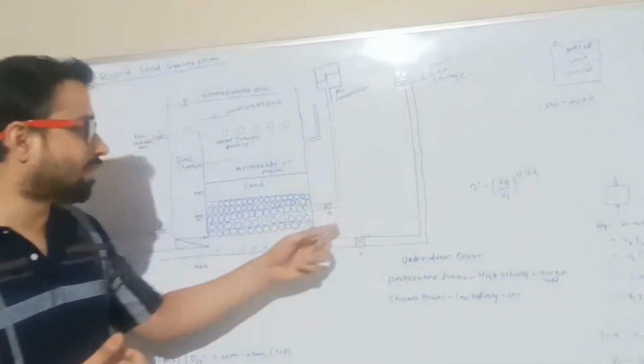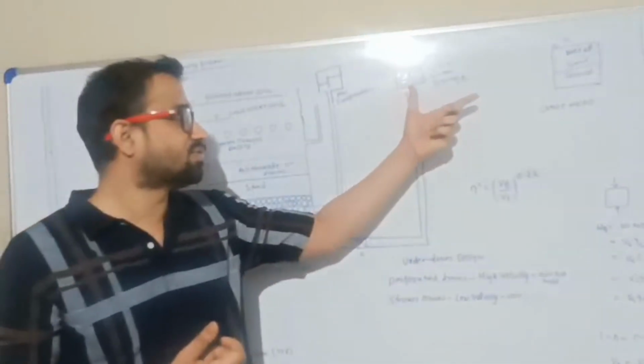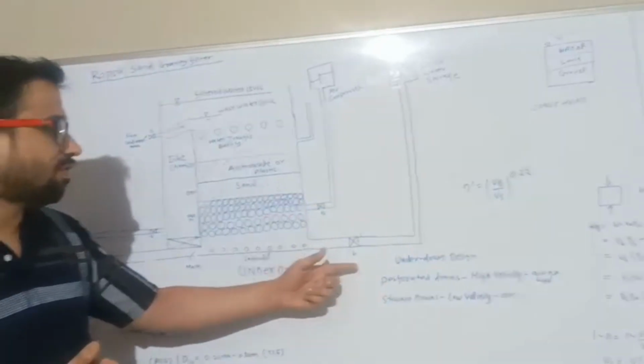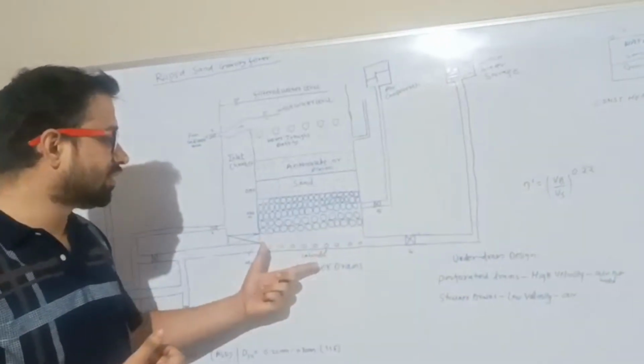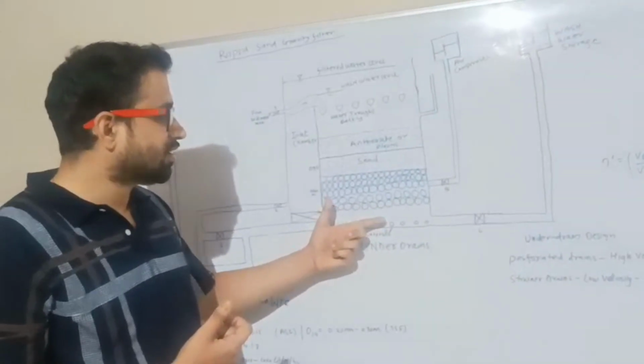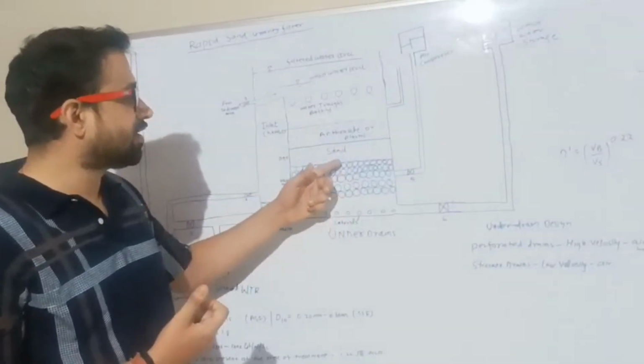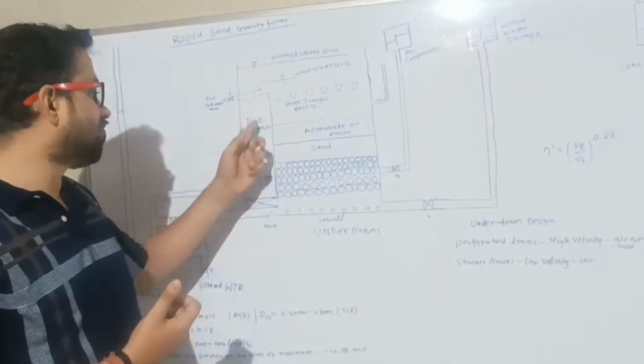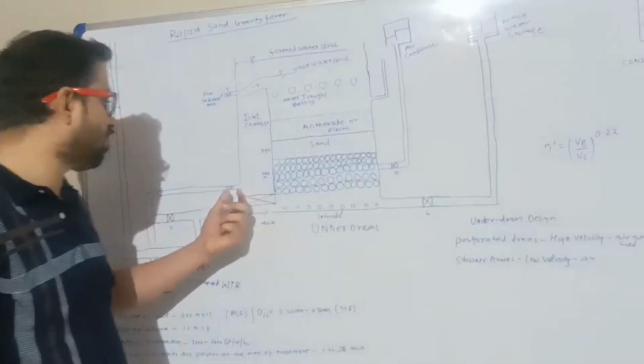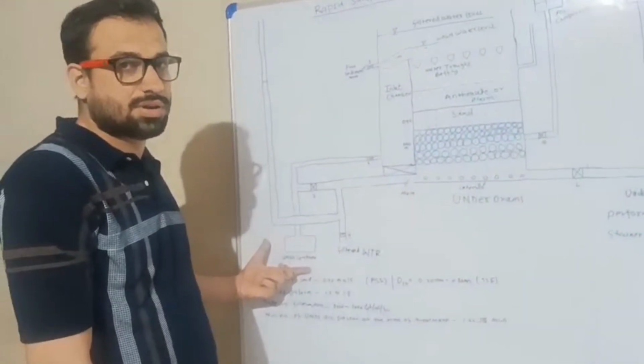First of all air is passed, and then wash storage water from the valve number 6, through the laterals and the mains, goes to the gravel layer and sand, and finally comes out from the valve number 4 and goes to the wash gutter.